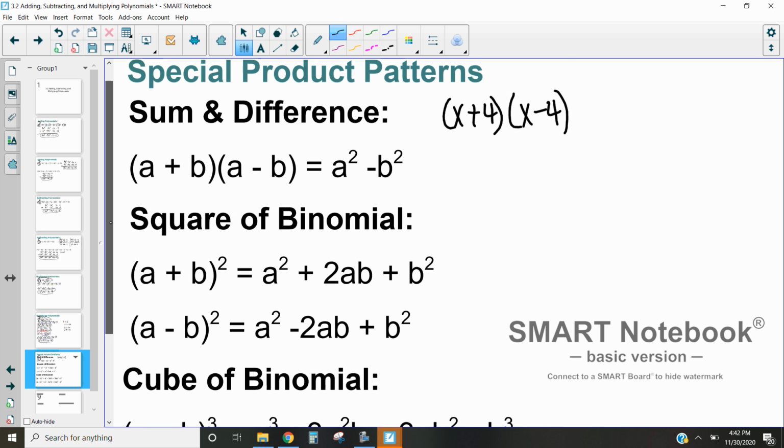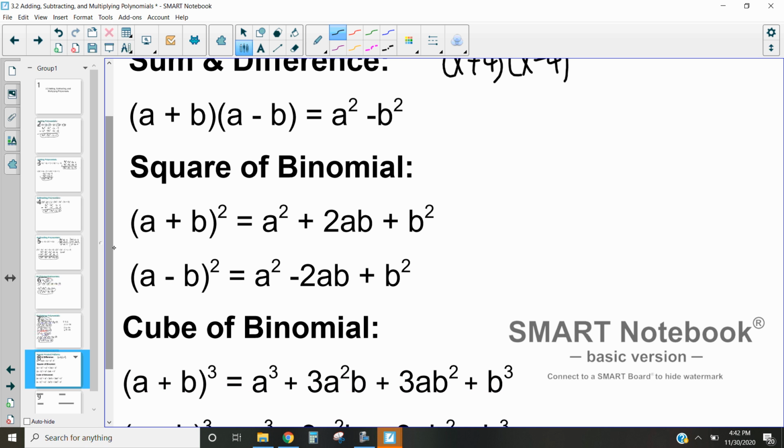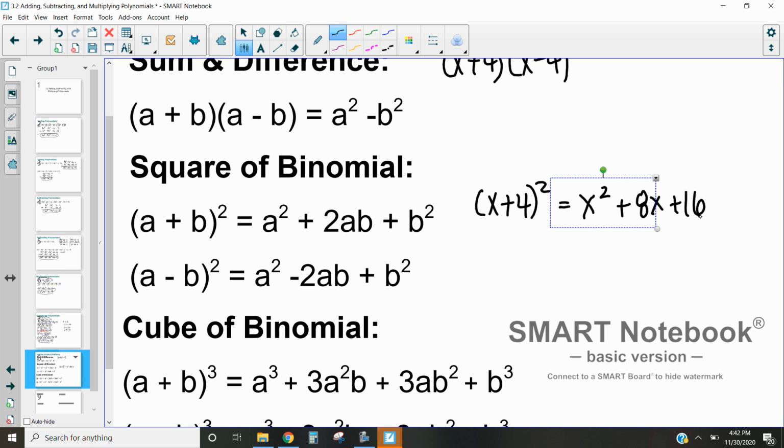Okay, a second special product property is when we square binomials. So if I have something like x plus 4 squared, it follows this pattern of the first term squared plus the second term squared plus 2 times the first times the second. So this one would become x squared plus 2 times the first times the second, which is 8x, plus 16.